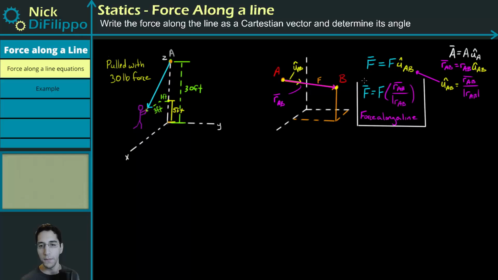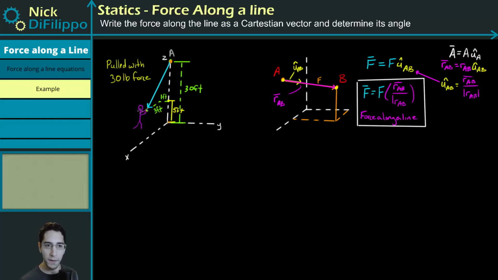In this example, we're going to be pulling on a rope with 30 pounds of force. Where we are pulling the rope, that's going to be 5 feet above the ground. It's going to also have this dimension from our origin, which is right here at 0, 0, 0. We're going to have to go 1 foot this way and 3 feet this way.